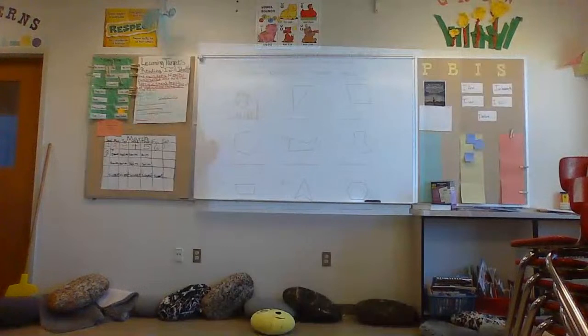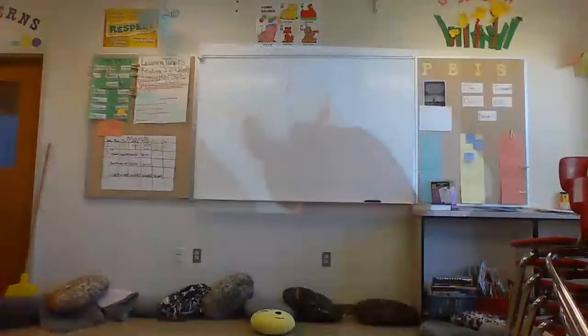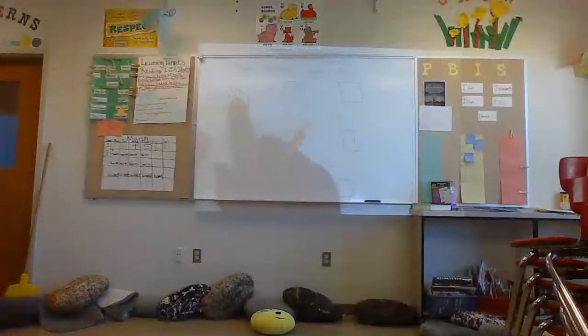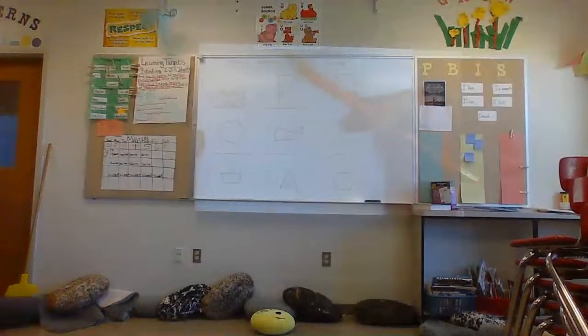Okay, so you classify it, put it in that category as a quadrilateral, even though it's a diamond, or could be a square if you change the angle, but it still goes in the category of being a quadrilateral.